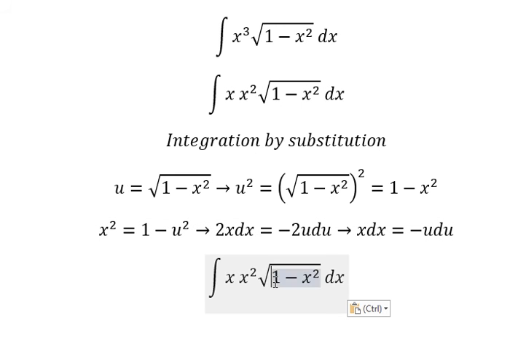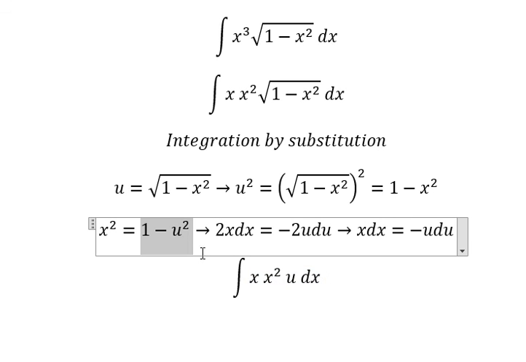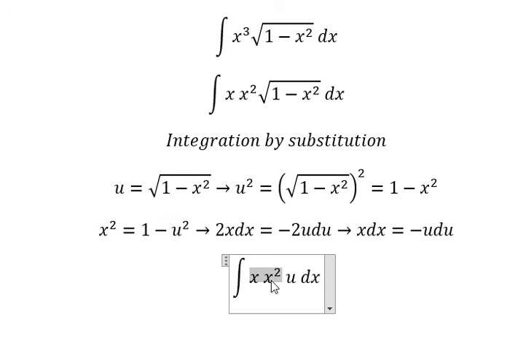The square root we change to u. S squared we change to 1 minus u squared. And s ds we change to negative u du.